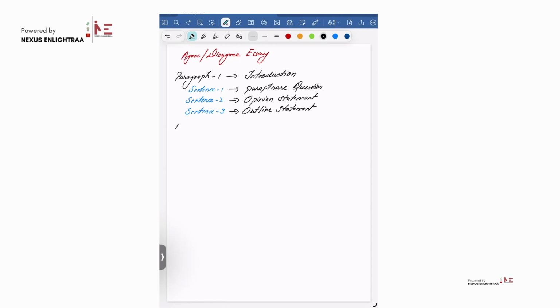We come to paragraph 2. Paragraph 2 is your outline 1. Now, what all do we have in this? We'll say sentence 1 again, and this is the first topic.